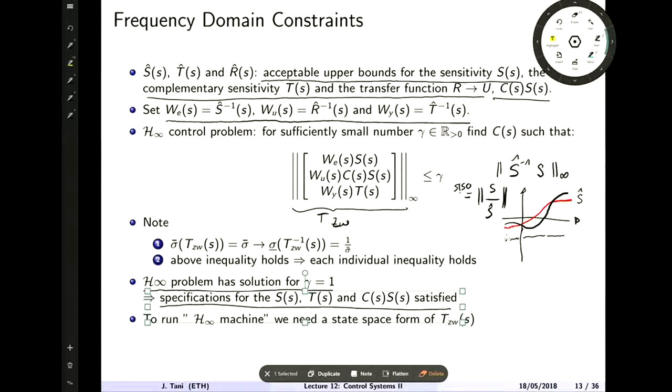Why do you have to make these boundaries? Okay, so for instance, remember what S is, right? It's the transfer function from disturbance to output. Typically you want to have it small at very small frequencies, below the crossover frequency, because you don't want the disturbances to affect your output.